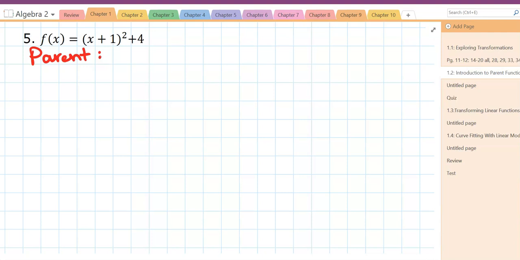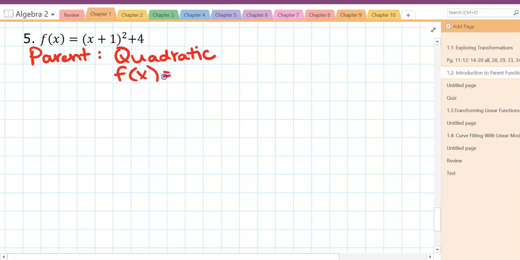Linear, quadratic, cubic, square root. Okay, quadratic. It's got the squared, so we would have an x squared in here. So we did a quadratic one earlier. This is going to be the parent function equals x squared just by itself.